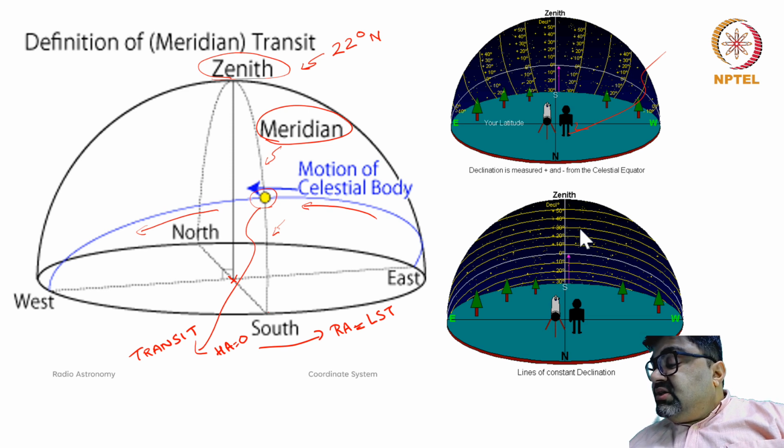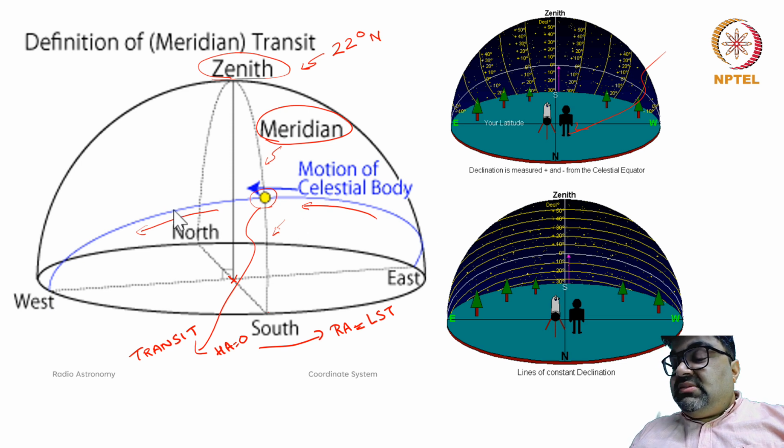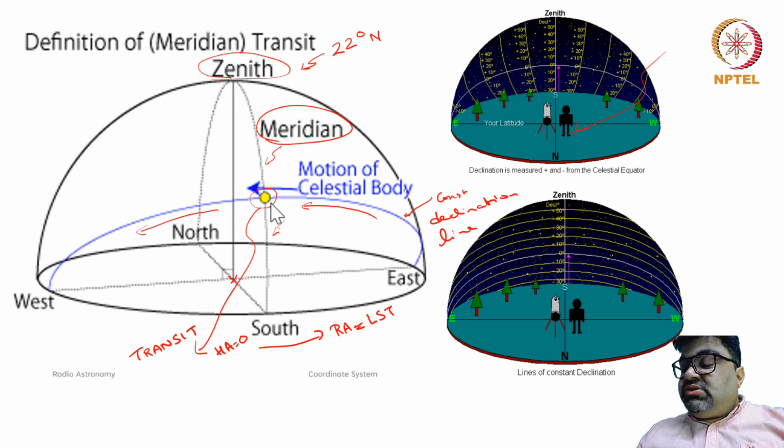You can see these lines which are passing through and meeting the east-west. These are the constant declination lines, right? So the source also is passing through a constant declination line. The source rises in the east and sets towards the west, passing through this blue line.